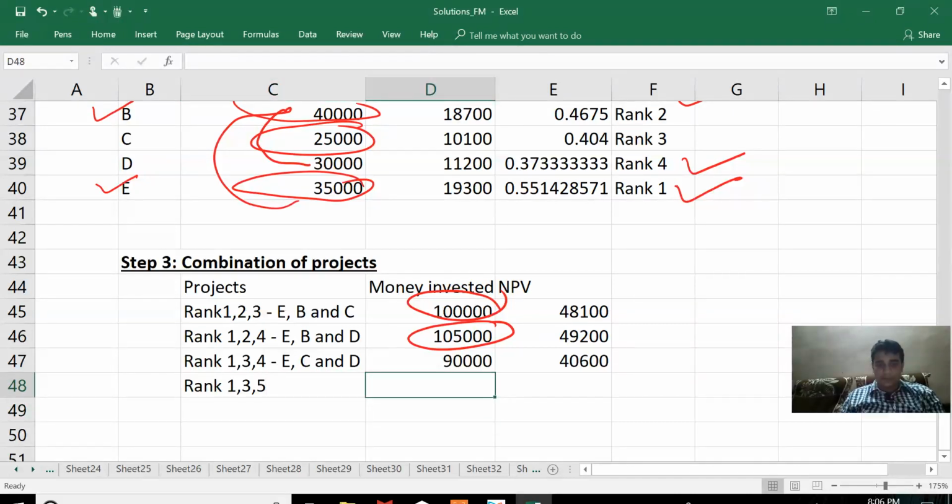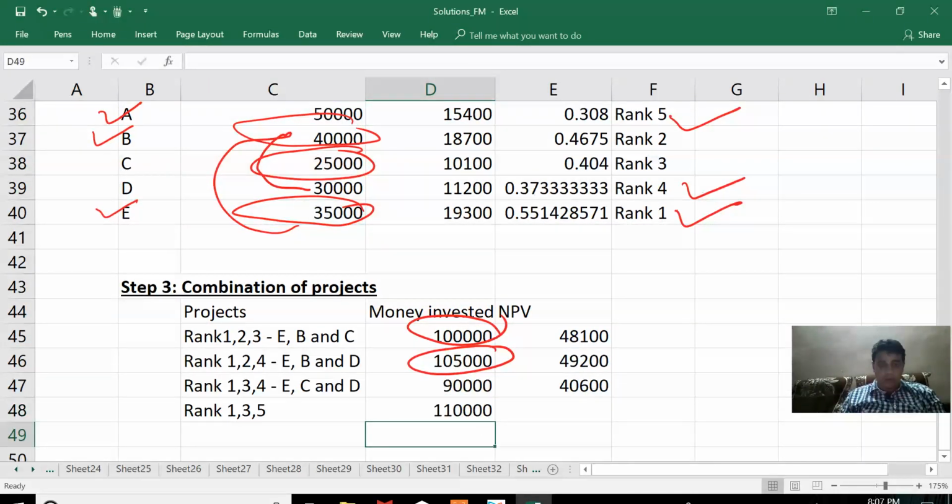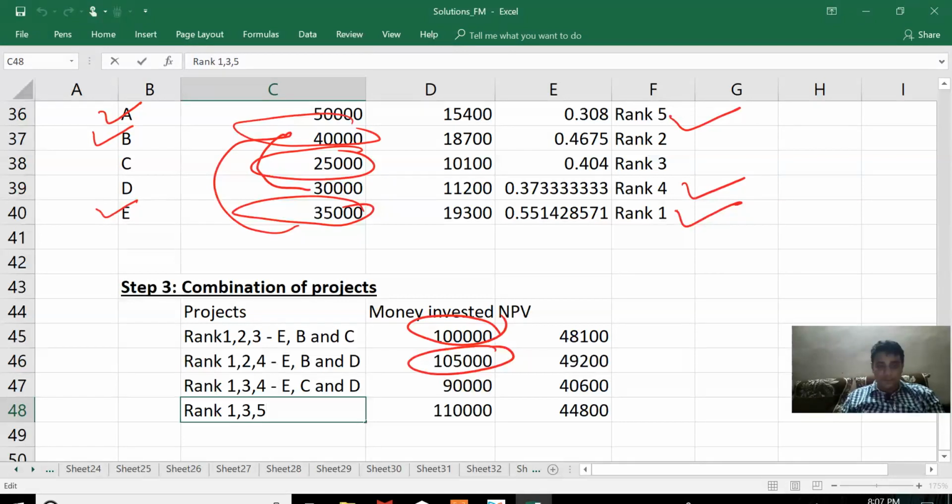Let's see whether 1, 3, 5 is possible. 35,000, 60,000, 1,10,000 possible. This will give me 44,800 of NPV. 1, 3, 5 is E, C and A.